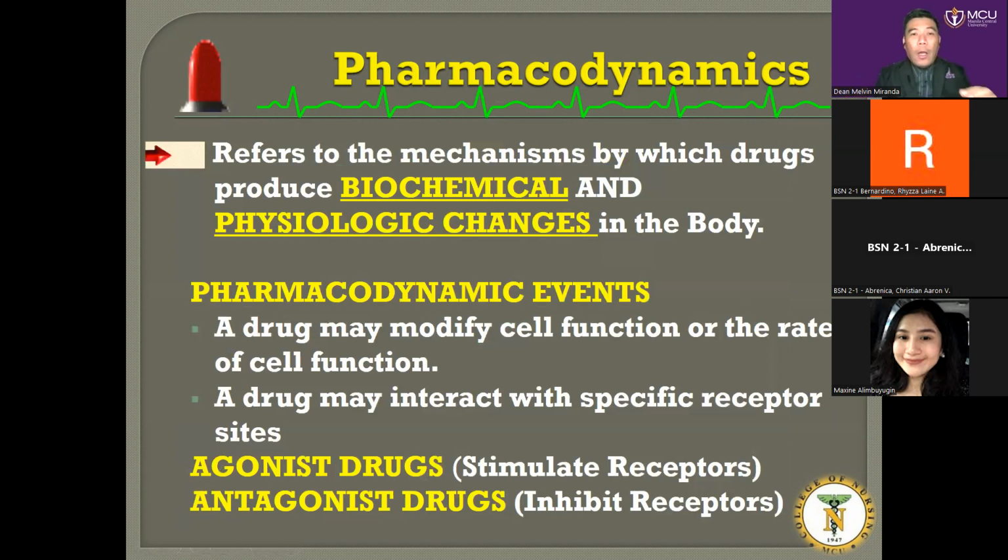Now, when we talk about pharmacodynamics, we are talking about how the drug is distributed to its target organ. And when the individuals have those medications that are having reactions biochemically and physiologically in the body, these changes occur as pharmacodynamics.